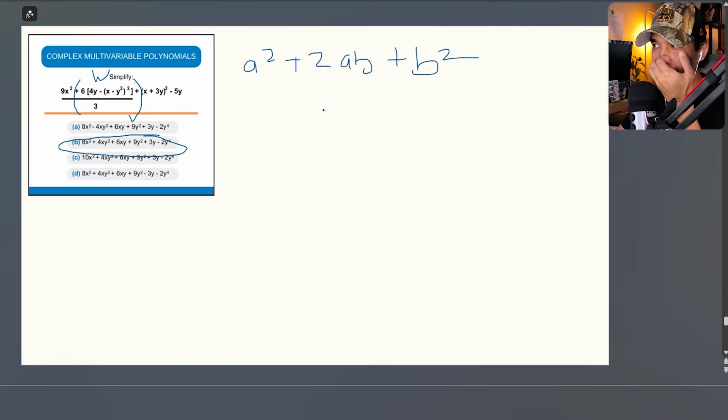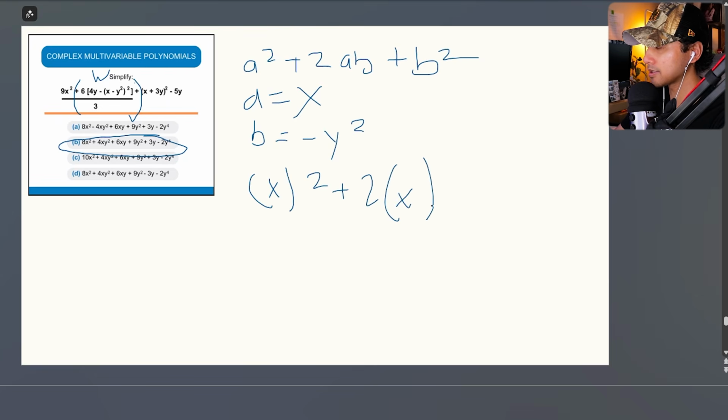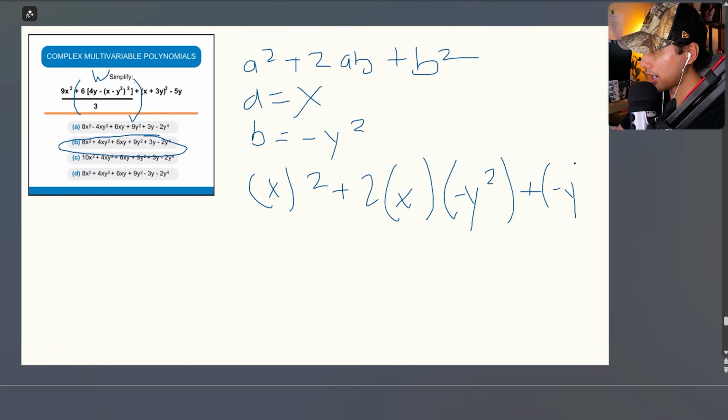I'm just going to do this quickly. a squared plus 2ab plus b squared. a equals x, b equals negative y squared. I kind of regret erasing everything because we could have just had this part. a squared plus 2ab plus b squared. So I'm going to go x squared plus 2x times negative y squared plus negative y squared squared.